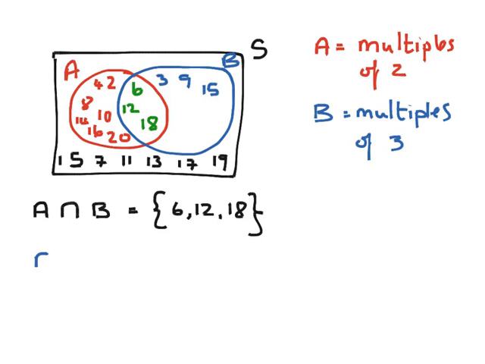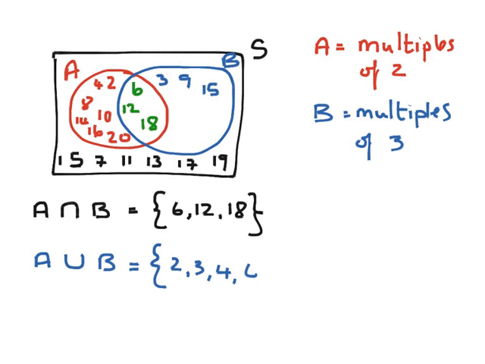You can have A union B. You have to go and write down all the numbers that are contained in either. So it'll be 2, 3, 4. Do we have 5?